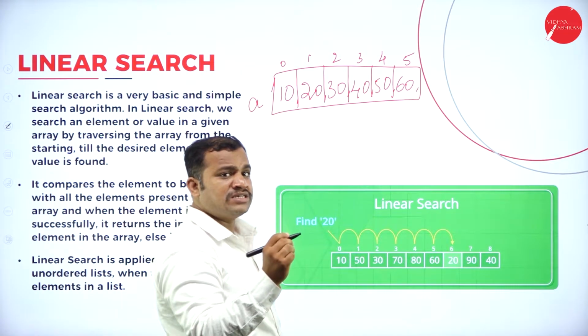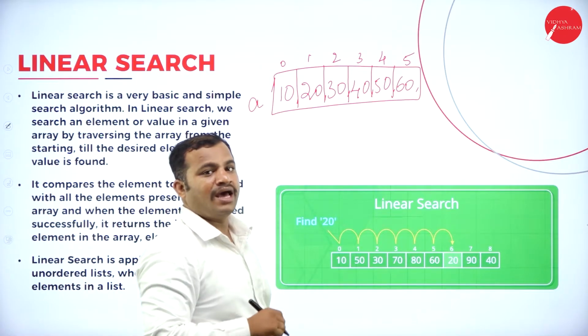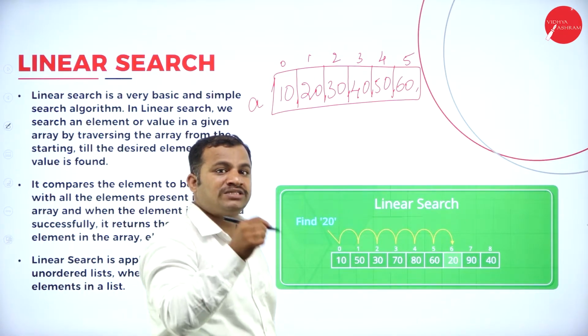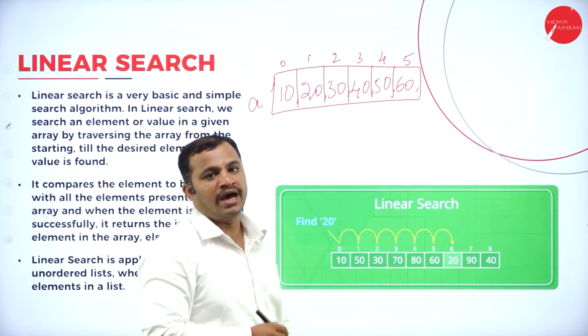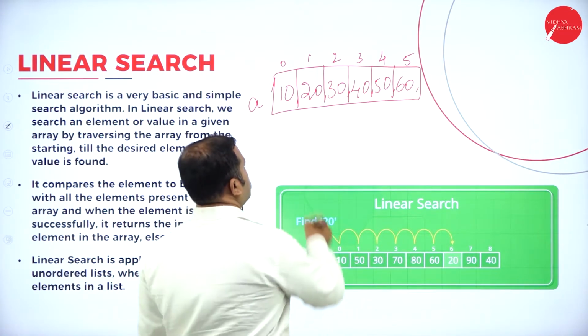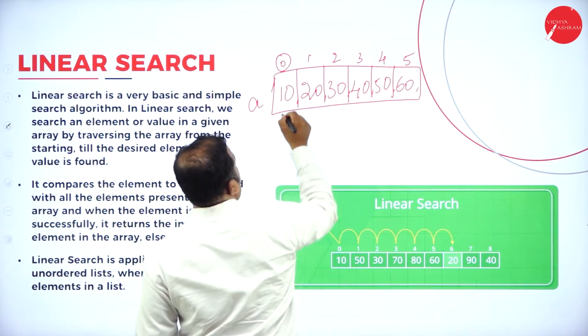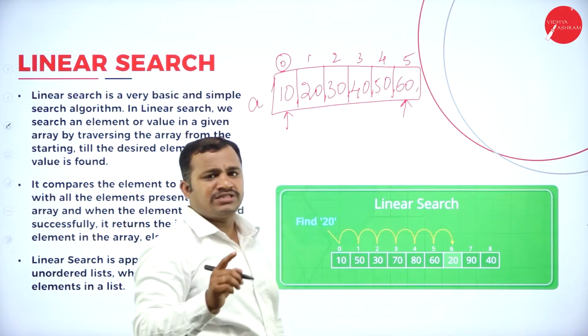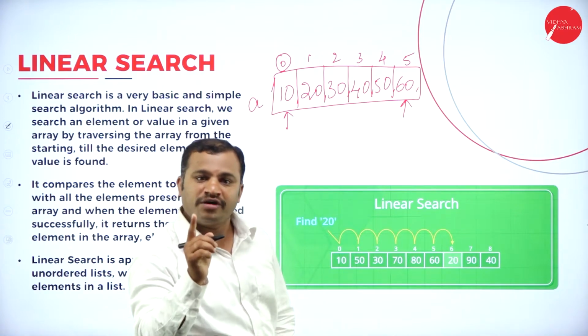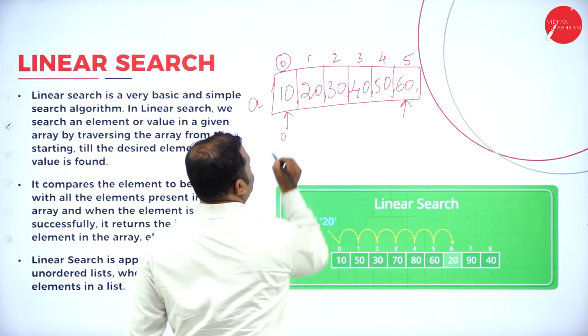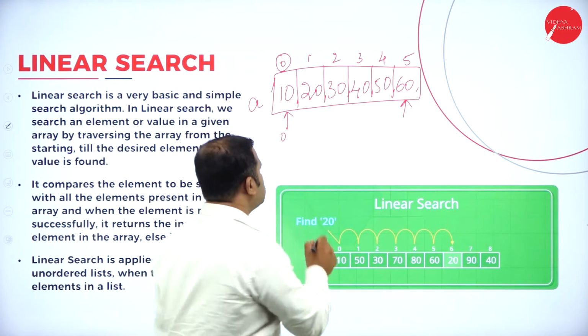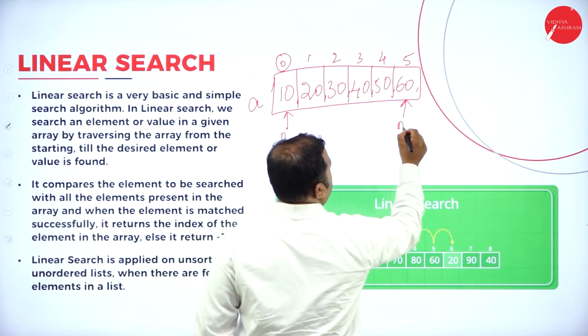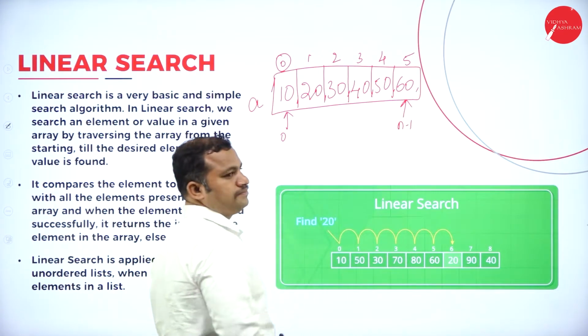In this case, if I want to search the elements or the desired element in the list, I have to keep on searching from the first position to the last position. Since the array is started from 0, that is from 0th location, I will call this as the n-first location.